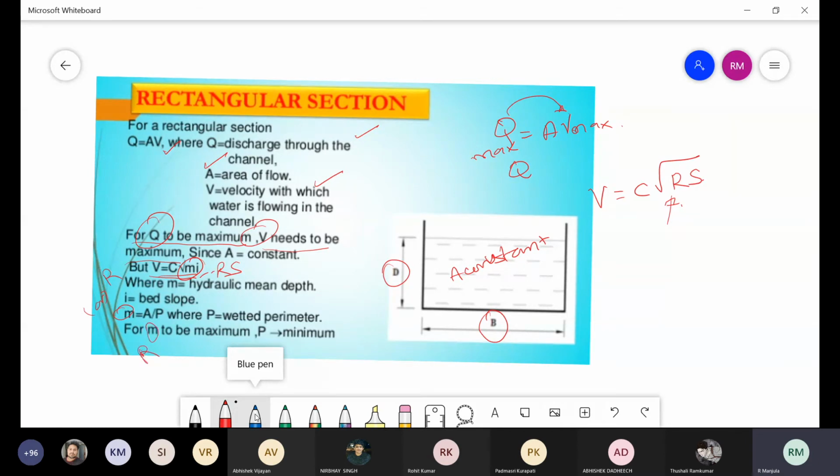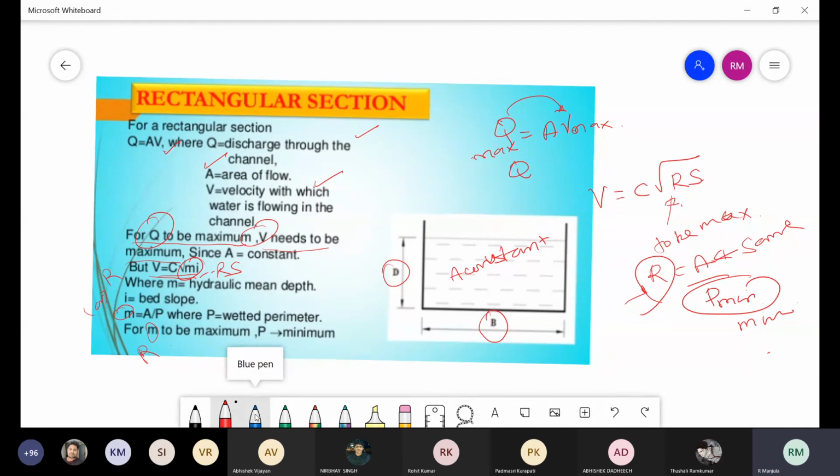So here, if you want to have the minimum wetted perimeter, then because R is equal to A by P, with the cross-sectional area remaining the same, R becomes maximum. For a given cross-section with a constant cross-sectional area, if I want to reduce the wetted perimeter, then R becomes maximum.